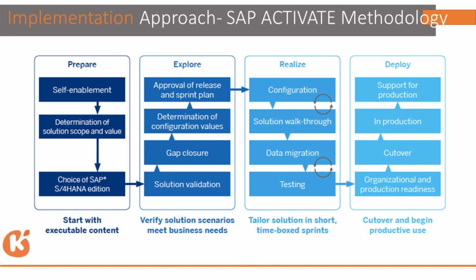Each phase is segregated by its own requirement taken from the client. The prepare phase does the enablement, the explore phase finds the approval process and determines the configuration values, followed by realize and deploy.